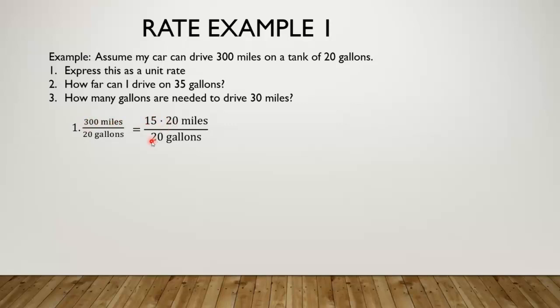Now the 20s cancel, and the rate we get is 15 miles per gallon. This is a unit rate, and it tells us how many miles we're getting per gallon of gasoline. So we started with a rate, factored and canceled common factors, did some basic algebra to get a unit rate.